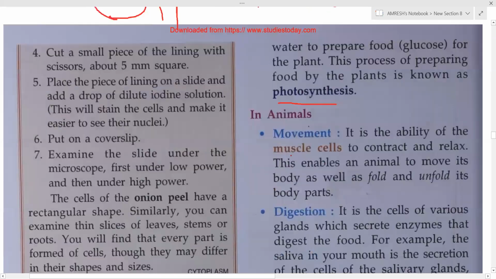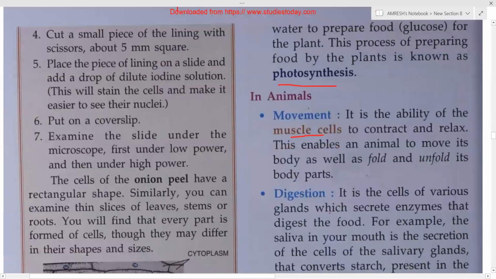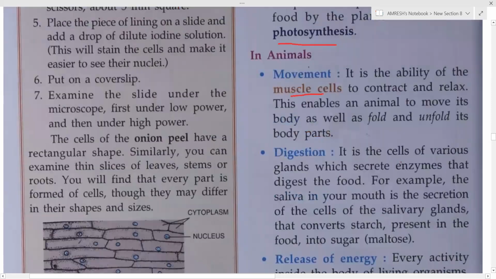Animals: movement, muscle cells. Digestion: the cells of various glands which secrete enzymes. In your stomach, we have peptic cells which secrete the enzyme pepsin, which helps in protein digestion. These are not all required, but I am telling them to give you clarity about the function of cells.